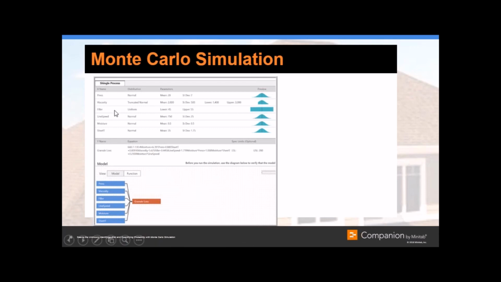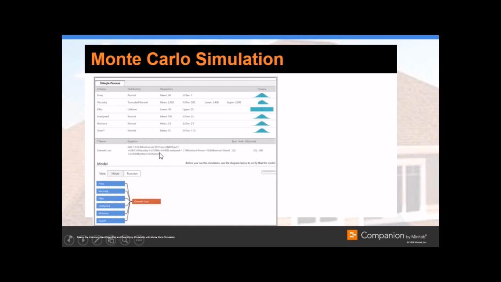For the filler, I've got a uniform distribution, where it's equally likely across the range, and some other normals. And like I said, within Companion, there are a lot of different options for distributions that you can use. In general, I see most people using normal, uniform, and triangular, although it's hard to say depending on what your job is and what industry you're in.